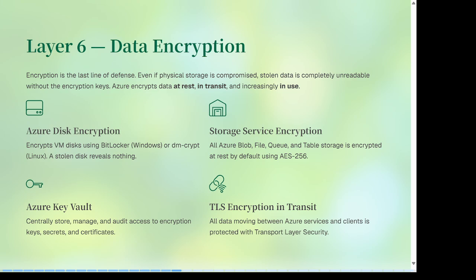This is why encryption is often called the last line of defense. Why does data encryption matter?